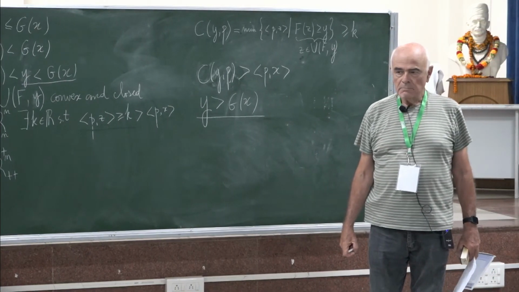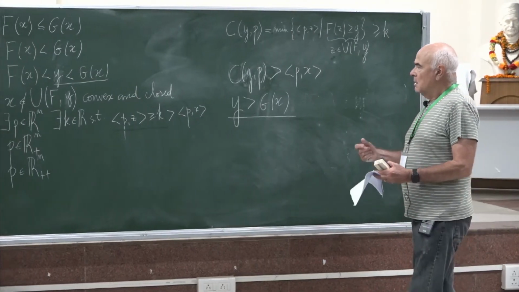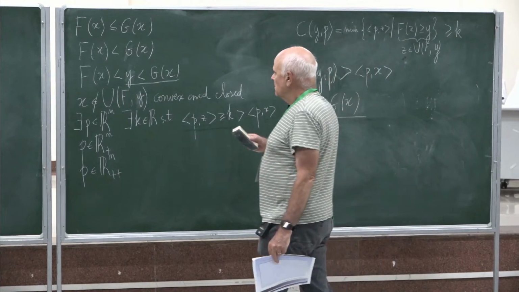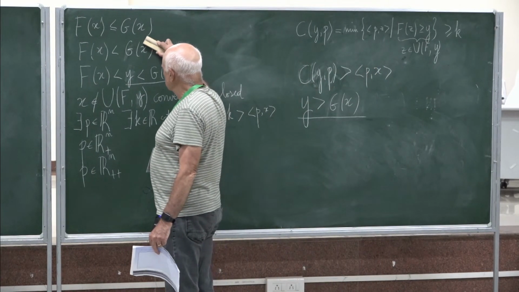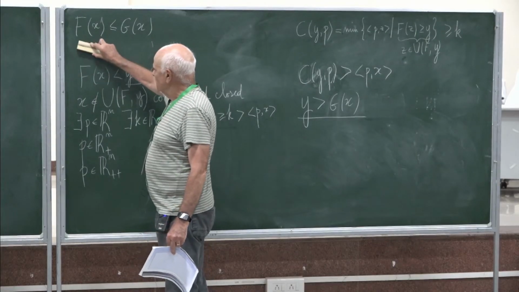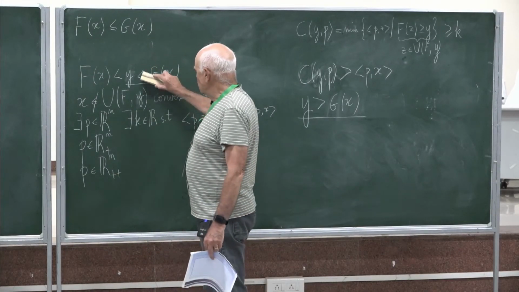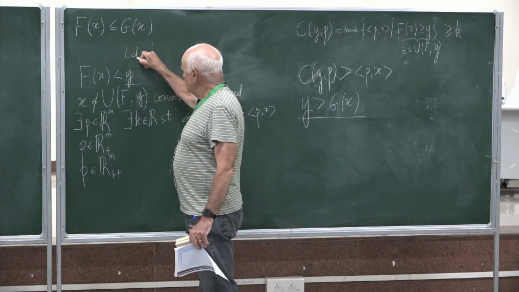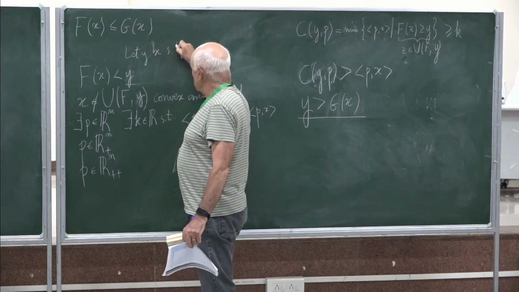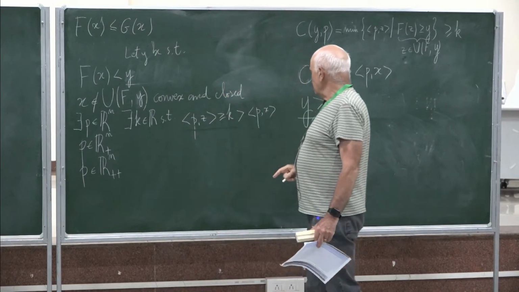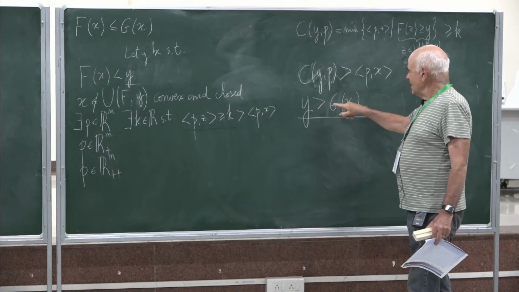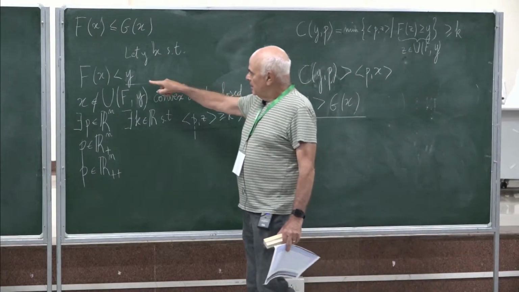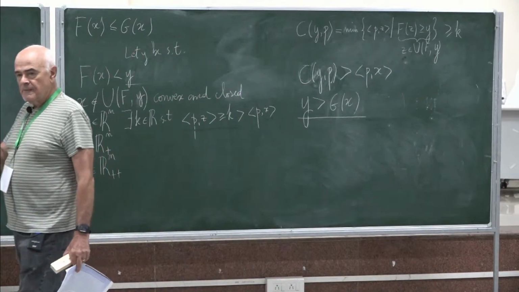Okay? An alternative way of presenting the same proof. Instead of assuming that the inequality is strict, don't assume anything, then let y be such that it's the same, and then I get that g of x is smaller than any number greater than f of x.